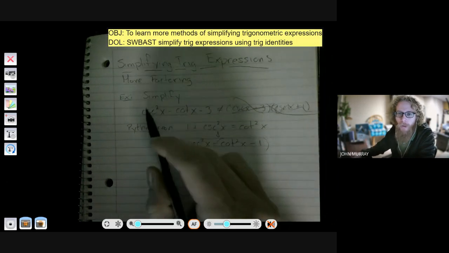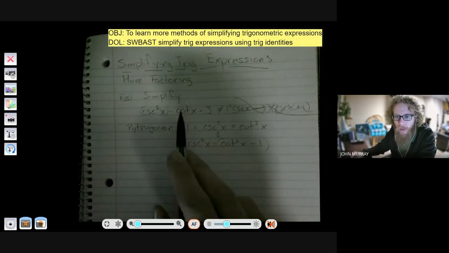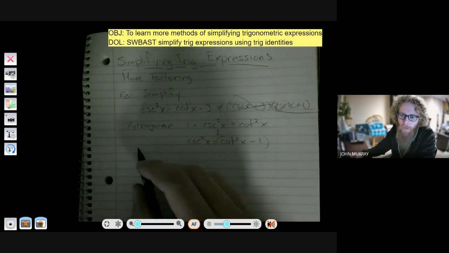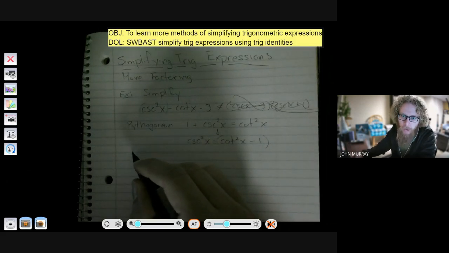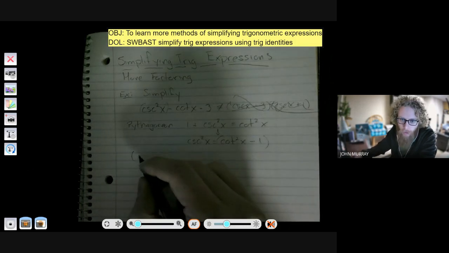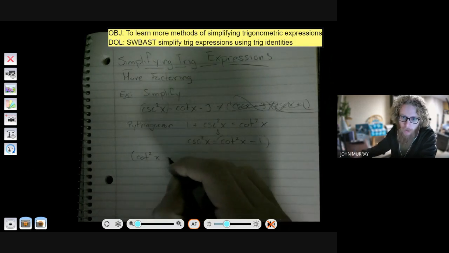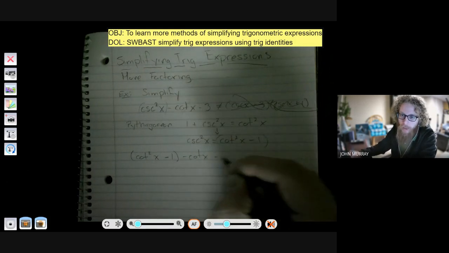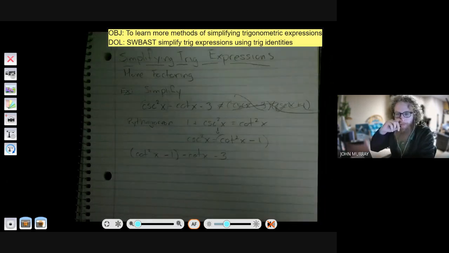So now this is what I'm going to substitute in for there, and then we'll be dealing with only cotangents. So for now, I'm going to put it in parentheses. So again, I'm replacing cosecant squared with cotangent squared minus 1. And then I have minus cotangent minus 3.